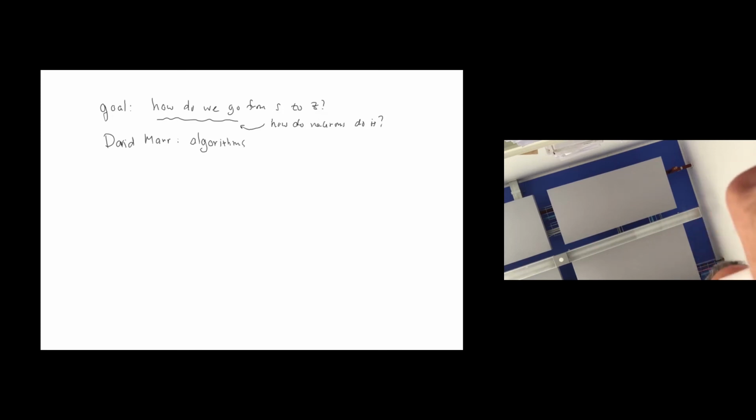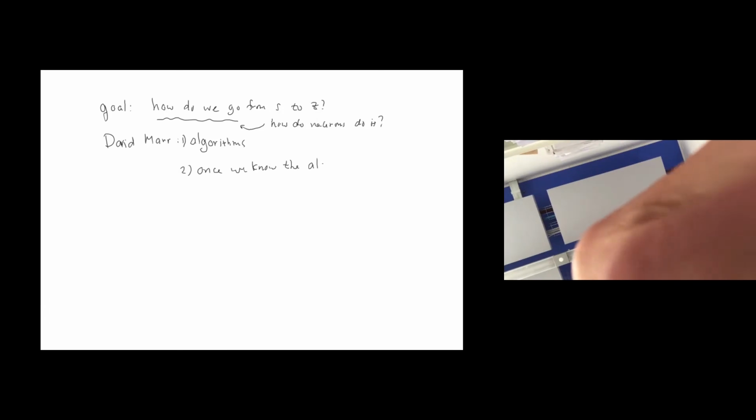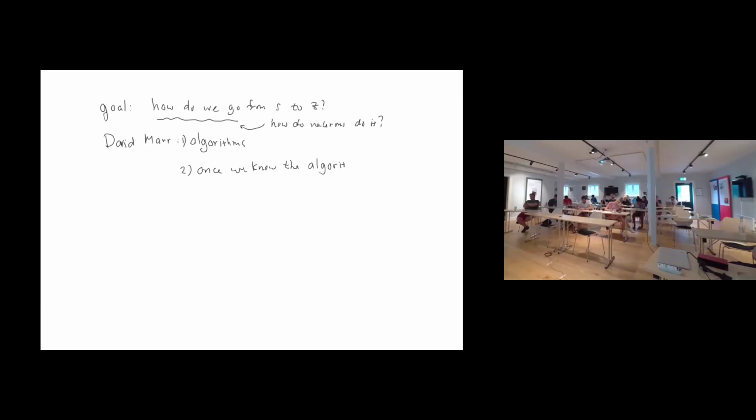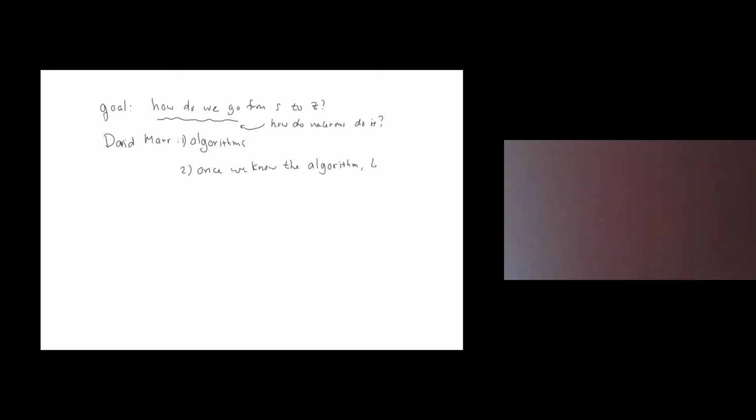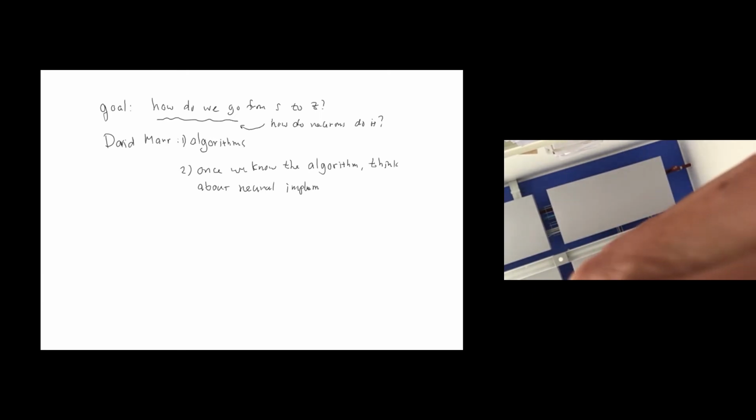Once we know the algorithm, that's step one. And step two, once we know the algorithm, think about neural implementation. It's pretty reasonable, right?